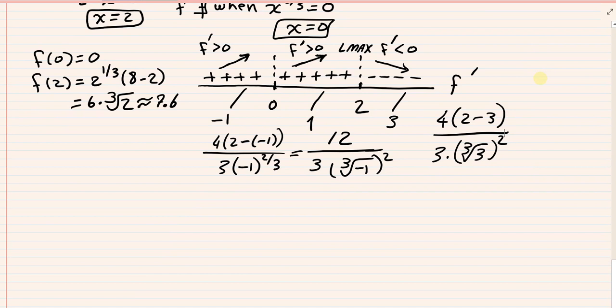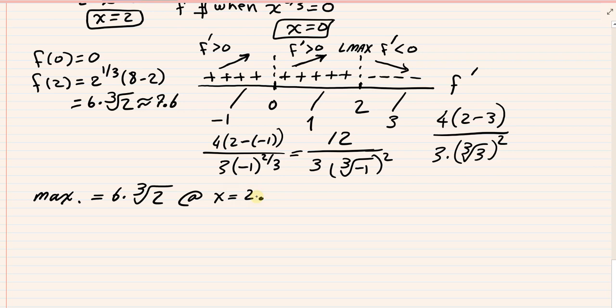Okay, so again, we want to find the extrema of this function. The extrema, we're going to say that there is a maximum of the function. Max is 6 times cube root of 2 to be exact, and it occurs at x equals 2. And there you have it.